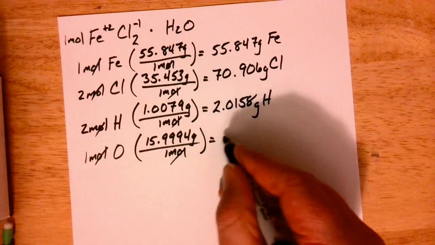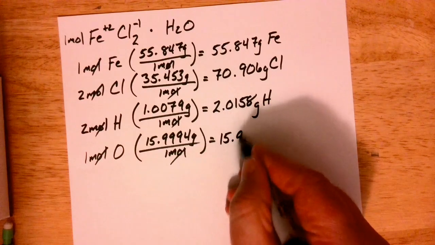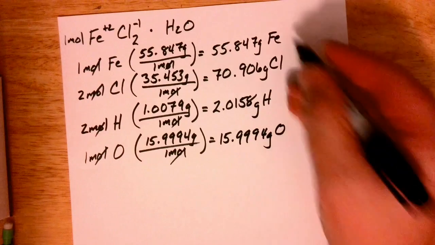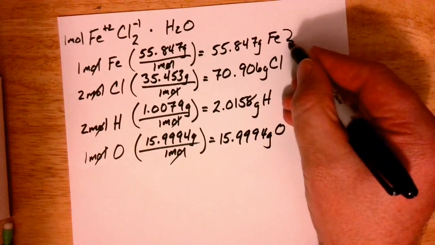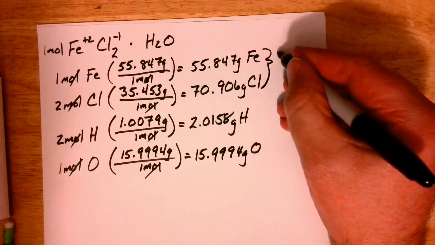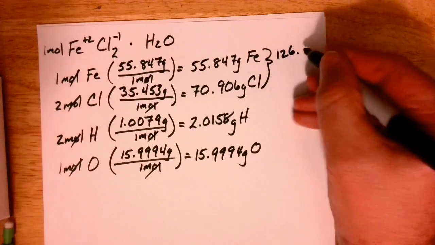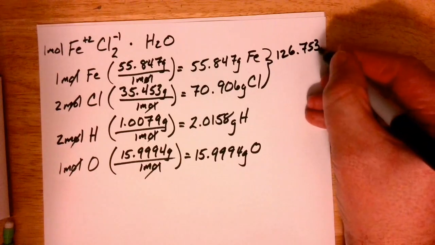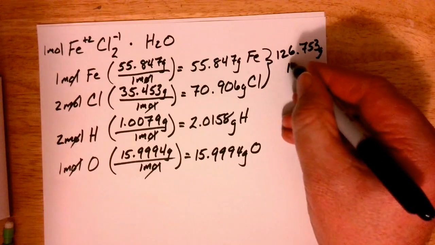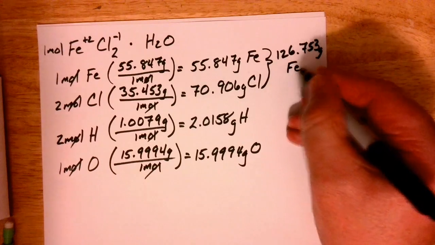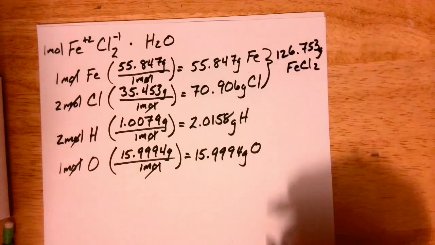And for oxygen, it's 15.9994 grams of oxygen. Now, of just ferrous chloride, that would be a total mass of 126.753 grams for ferrous chloride, FeCl2.